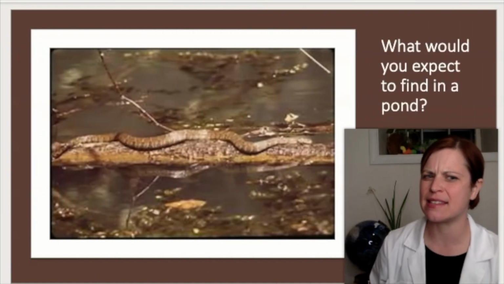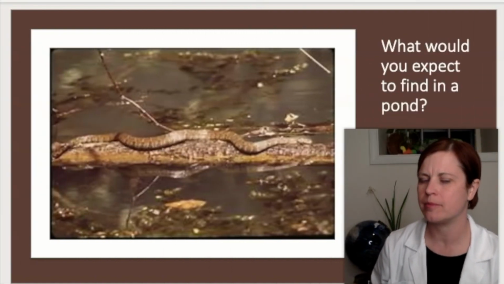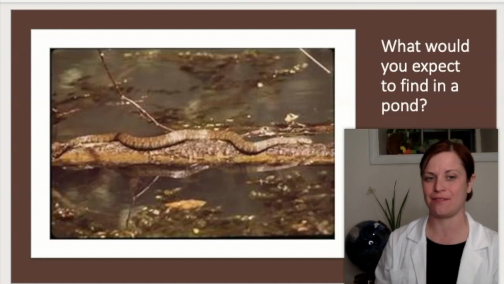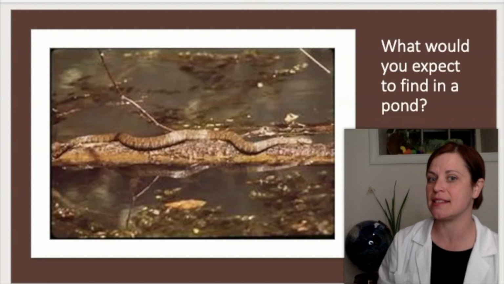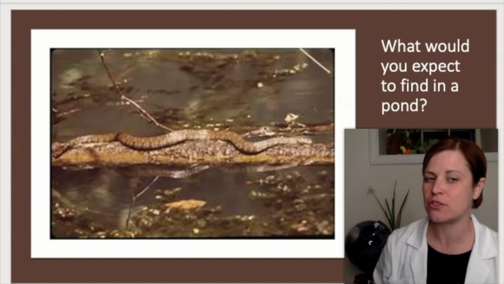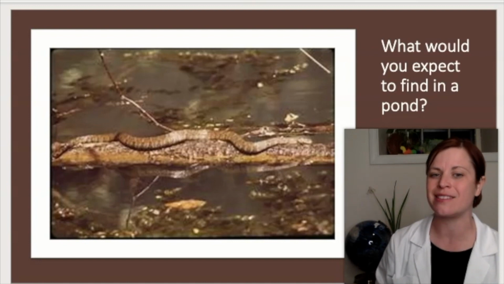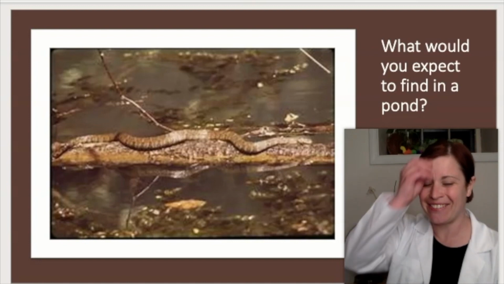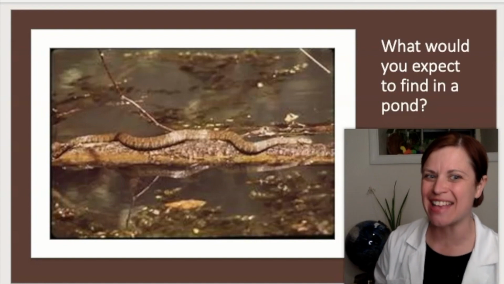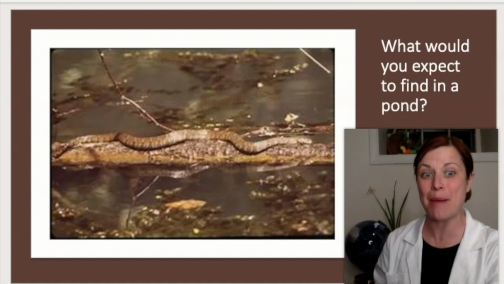Why would this snake feel safe here? Yes, it's blending into its environment. It is camouflaging itself. Do you think that snake gets its food from the pond? I do. I think that snake finds food as well as stays protected in the pond.